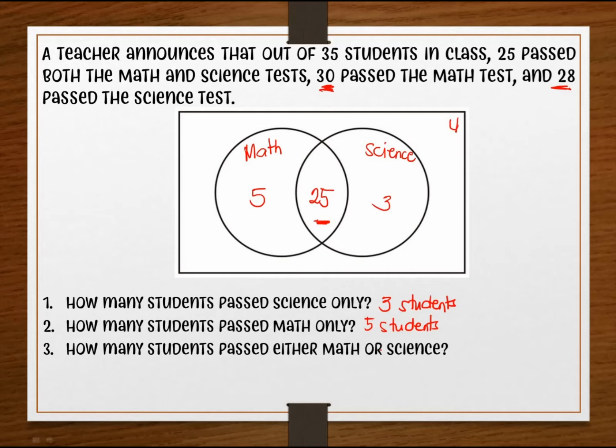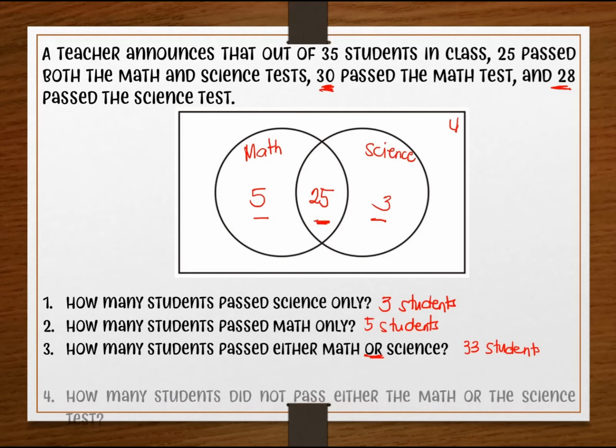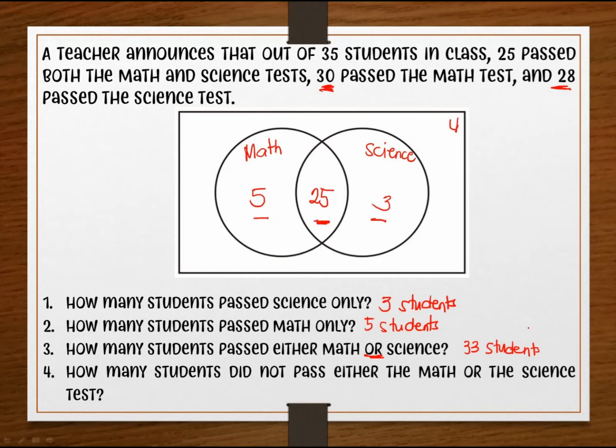The term "or" suggests union of sets, meaning we add all the entries inside these circles. There are 33 students who pass either the math or the science test.